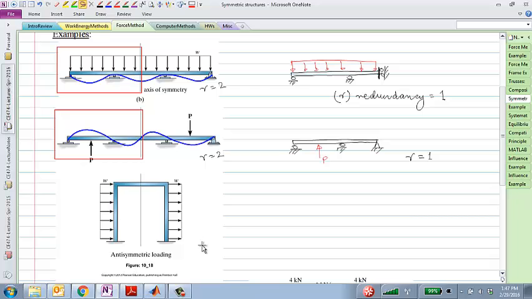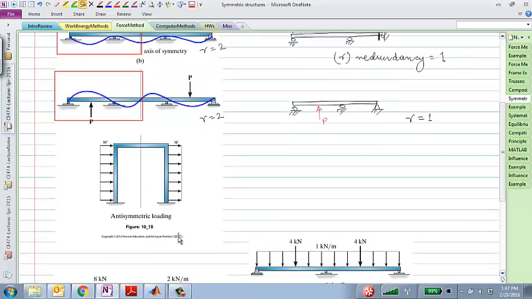All right, so before we get into the deflected shape, let me ask you this: what's the degree of indeterminacy or redundancy for this problem? We have two fixed ends, right?